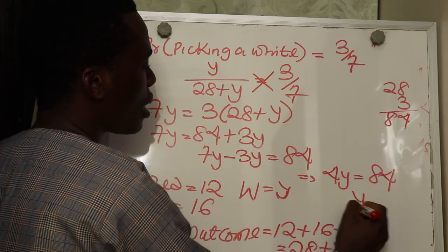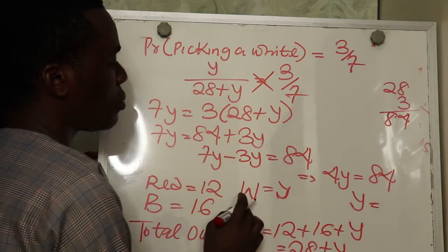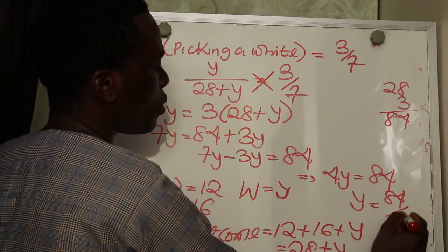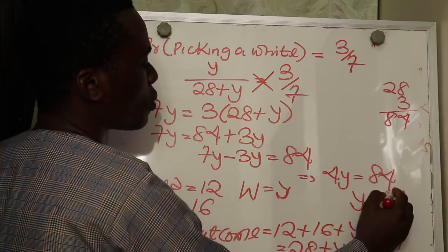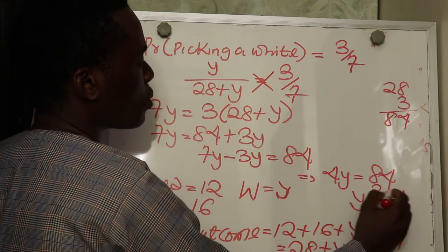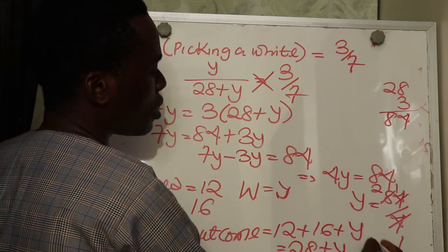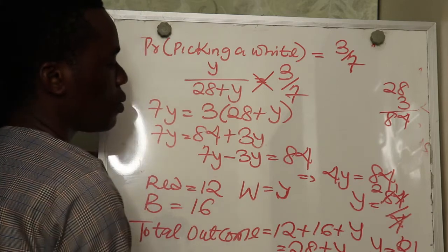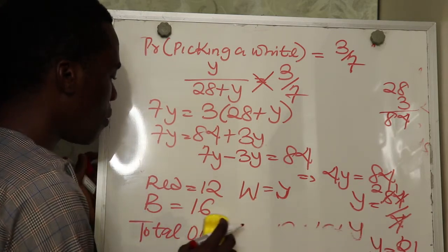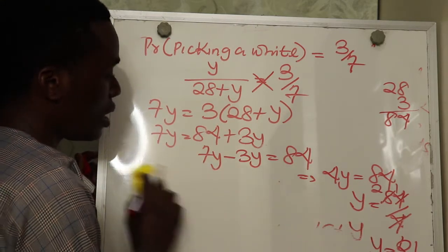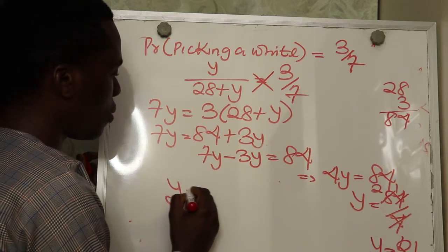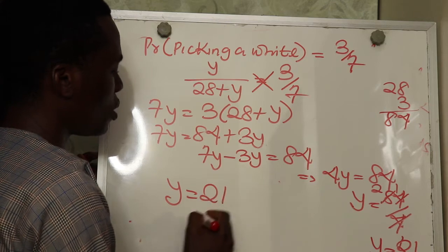So our y, which is the total number of white balls introduced, is 84 divided by 4. That means y will be equal to 21. So the value for y in that equation is 21 balls.